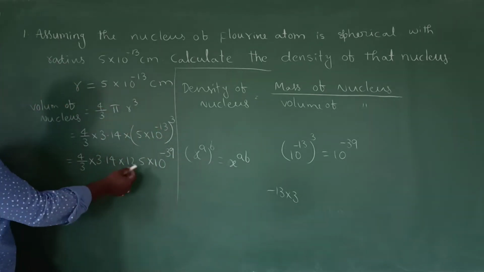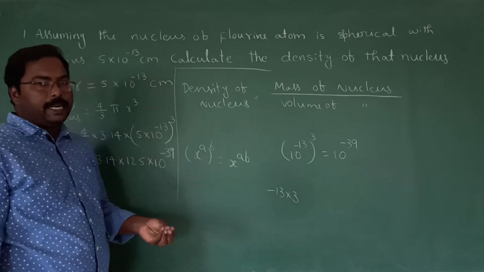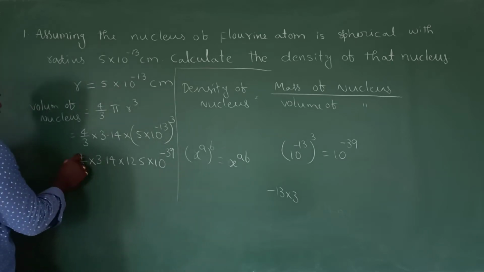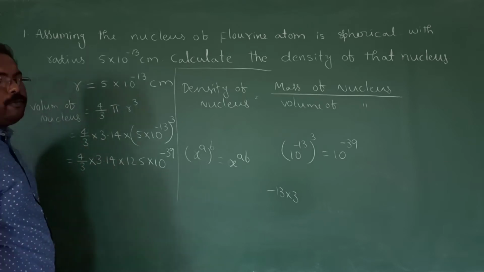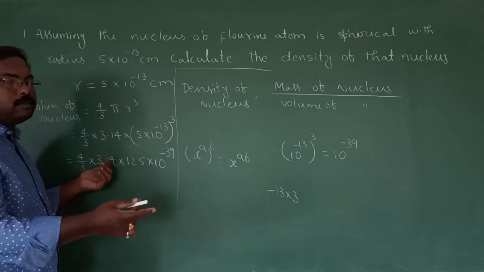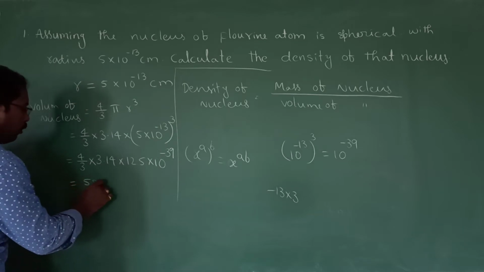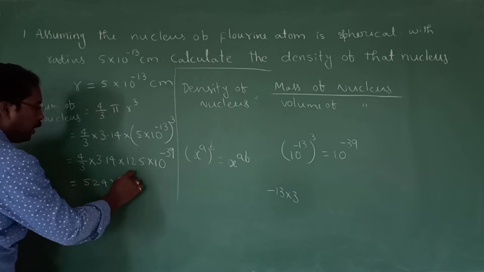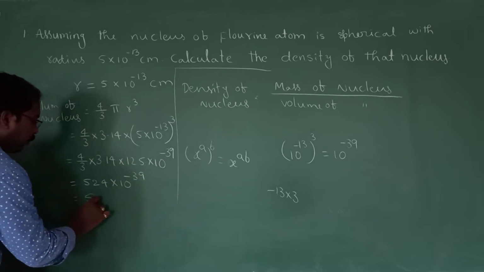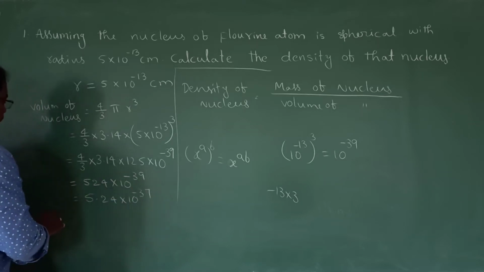If you observe the calculation, 3 will cancel in 3.14, leaving just more than 1. Got it or not? So 4 into 125, exactly, you will get 500. But it is multiplied by more than 1, so the answer will be more than 500. So approximately I am taking it as 524 into 10 to the power minus 39, and in a simple manner, 5.24 into 10 to the power minus 37.